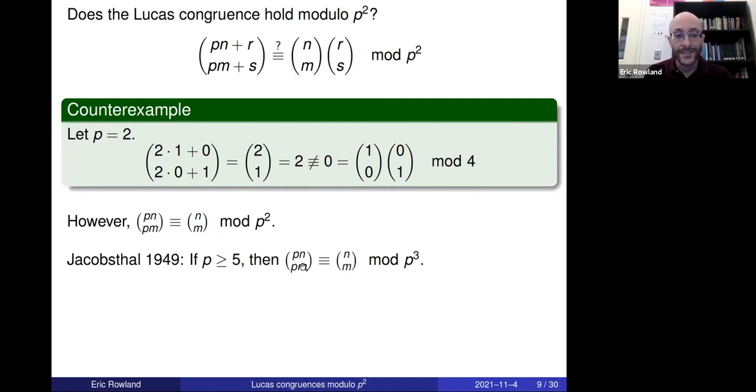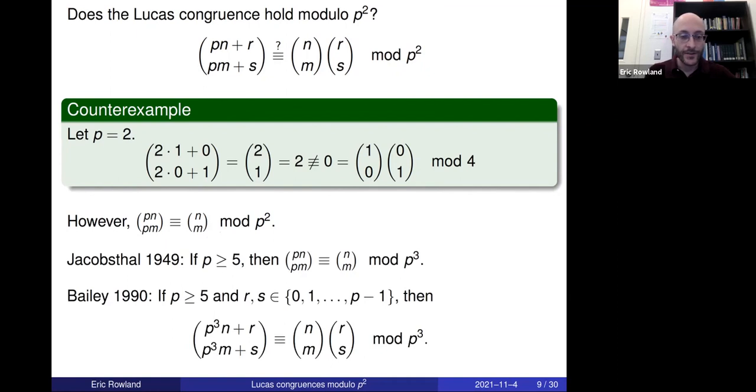In fact, you can say something a little bit stronger than this. So Jacobsthal in 1949 showed that if P is at least 5, then this congruence holds mod P cubed, not just mod P squared. And here is a generalization from 1990. It's almost a general Lucas type congruence, except the numbers have to be of a specific form.